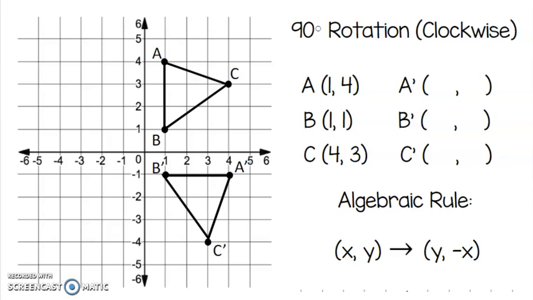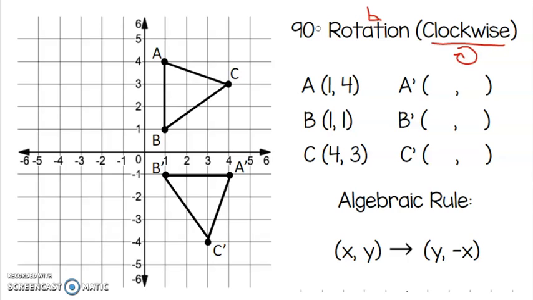So a 90-degree rotation clockwise. That means think of how a clock turns, right? So clockwise means we're going around this way, okay? 90 degrees is that right angle, so we're going around like that. Okay, so just all these images.